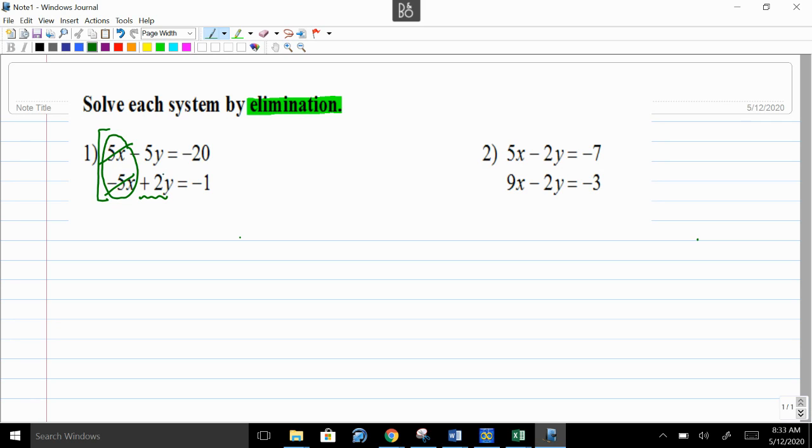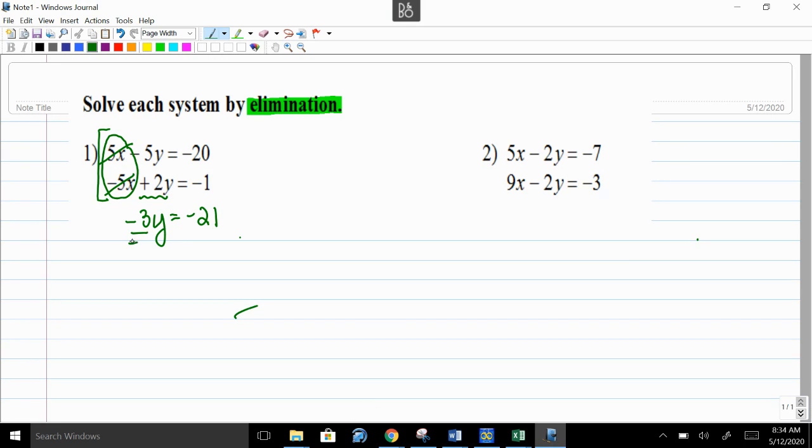The negative 5y and the 2y add to make negative 3y. The negative 20 and the negative 1 add to make negative 21. So now we took two equations with two variables, and we created one equation with one variable. You can't solve one equation that has two variables in it, but you can solve one equation that has one variable in it, which is why we did that.